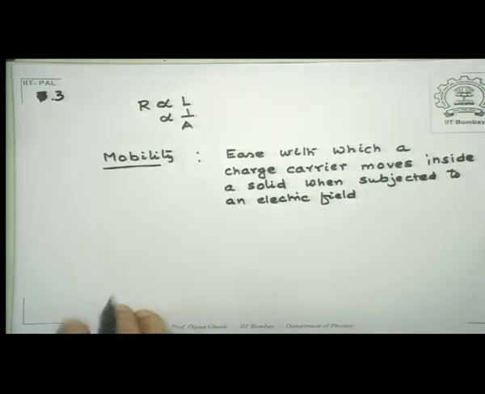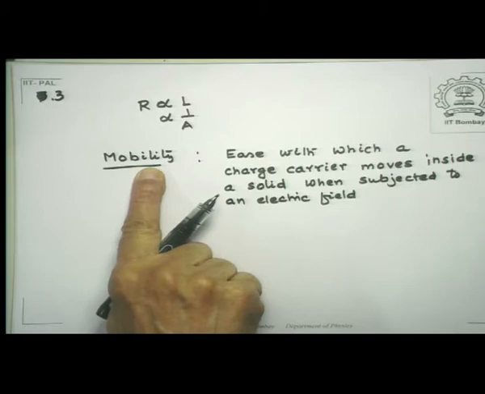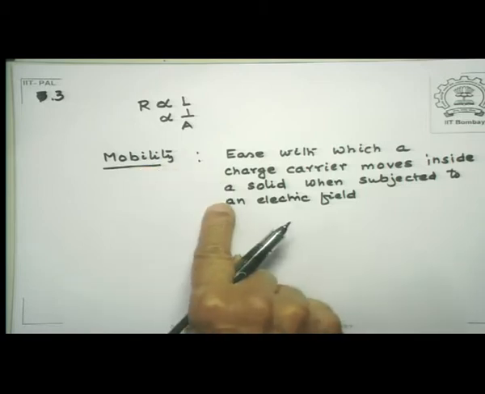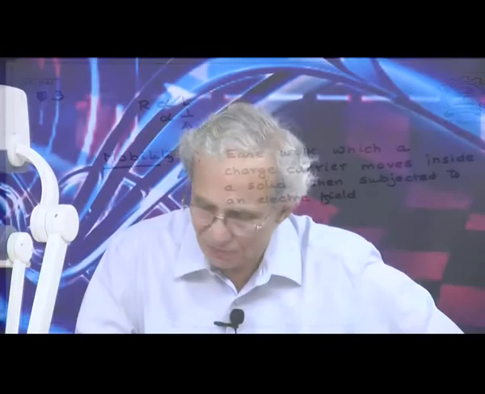So notice that mobility depends upon how easily the charges move inside a conductor in an electric field. We will see that the mobility becomes a lot more important in substances known as semiconductors, but at the moment we are talking about conductors. So we need a quantitative definition.